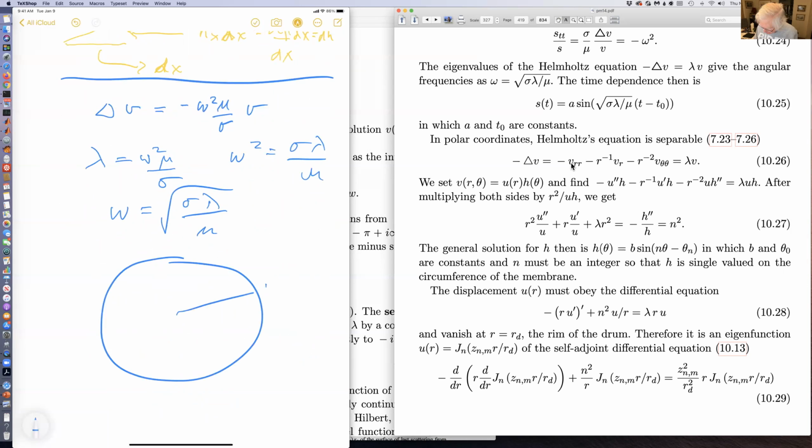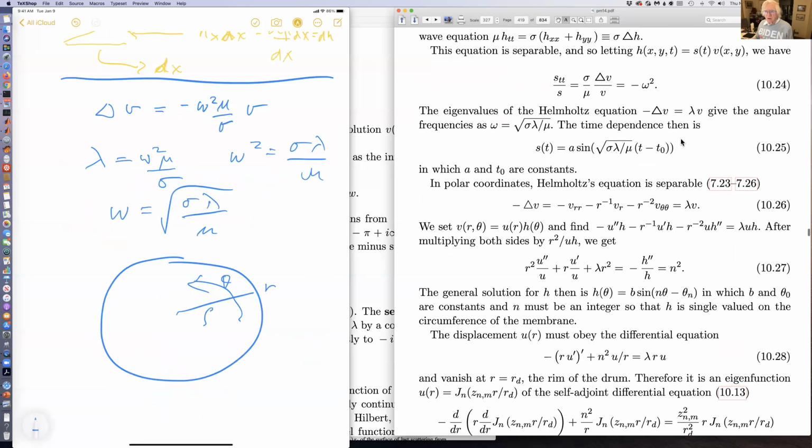The radius of the drum is R, the distance from the center is rho, and theta is the angle going this way. And so then Helmholtz's equation, which is actually this equation right here, becomes this 10.26.